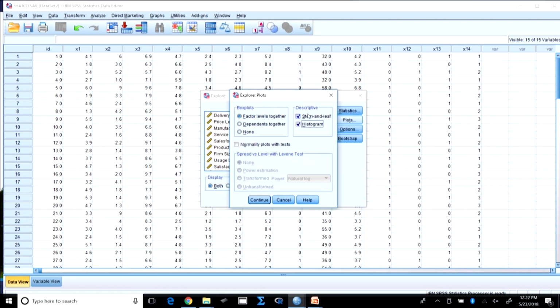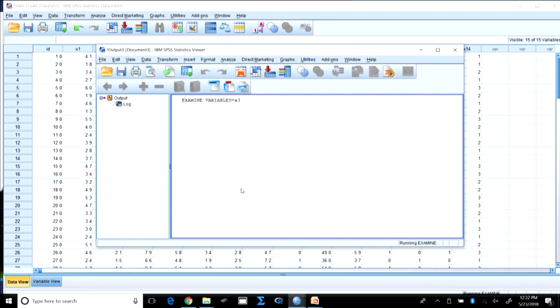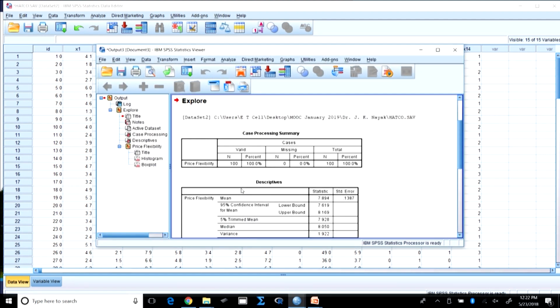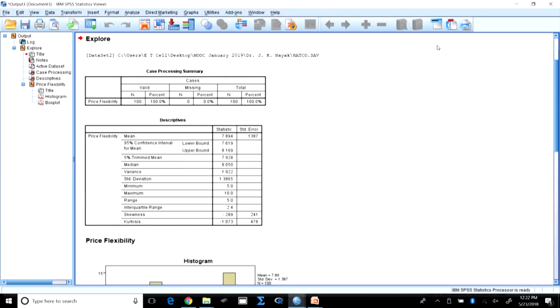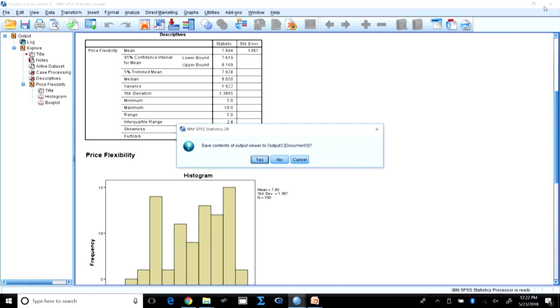I want to see a plot, and whether it is following a normal distribution or not. In the last class itself I had said you can check the skewness and kurtosis. Luckily this data is not skewed and it is normal data.